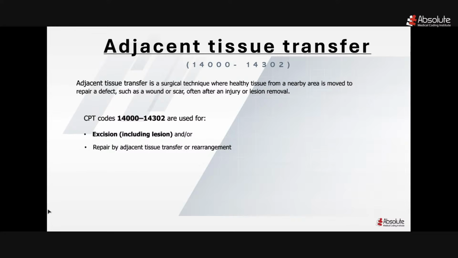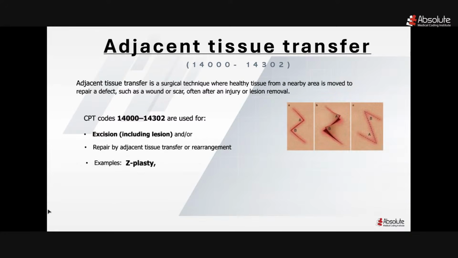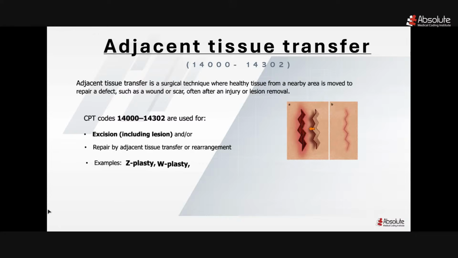Now, there are a few examples of ATT procedures listed here. It includes the Z-plasty, and you can see how a Z-plasty configuration looks on the screen. It includes a W-plasty, this is another example.